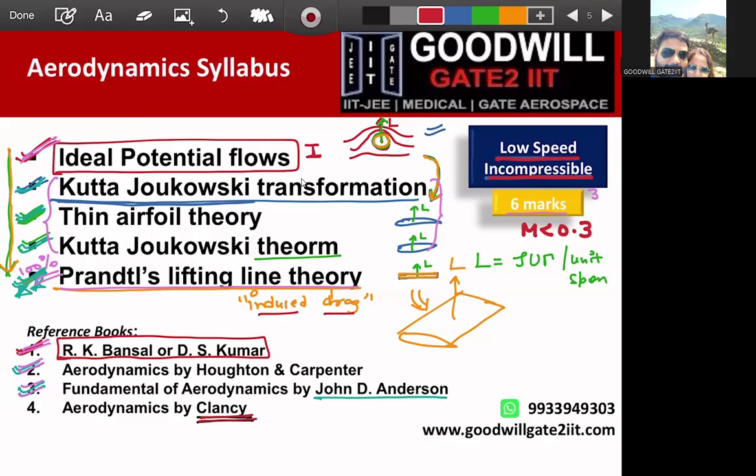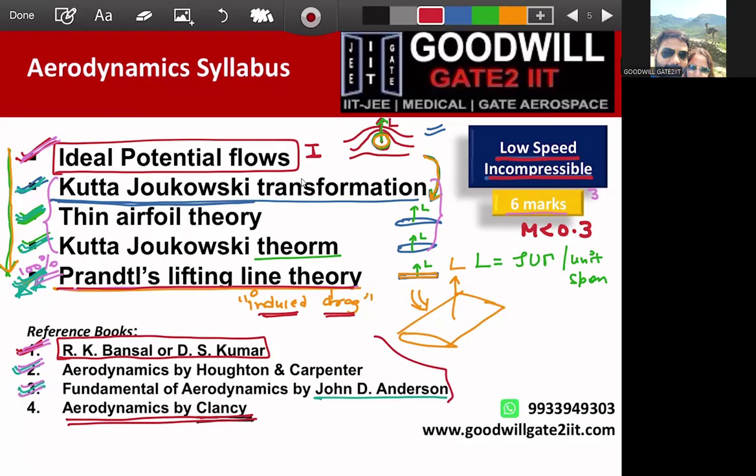And this is the reason I have mentioned Aerodynamics by Clancy. So you will not be able to solve any numerical if you only refer to Clancy because you need to solve some numerical answer type questions also, right? For GATE. But this gives you beautiful insights about the topic, variations in things, how induced drag is dependent. But don't go into this unless and until you have finished these three topics from these standard textbooks.